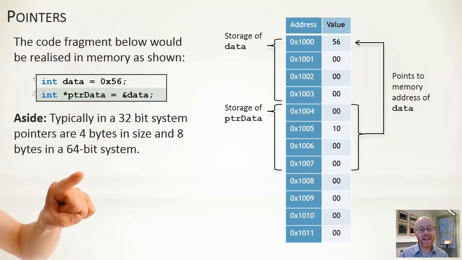What we are initializing it to is the address of data within memory. So if you have a look at the contents we're storing within the pointer to data, you'll see it is hexadecimal address 1000. That gives you a bit of a feel for how we have set these different things out in memory.